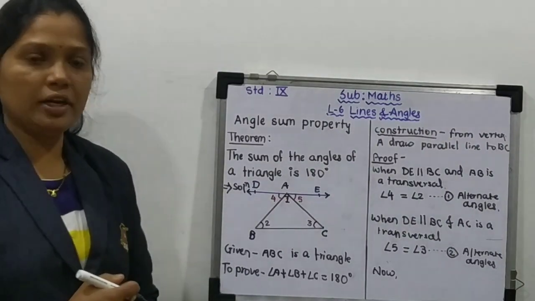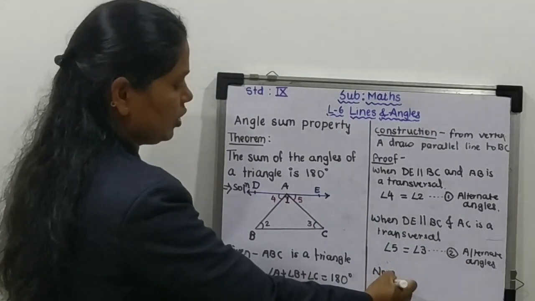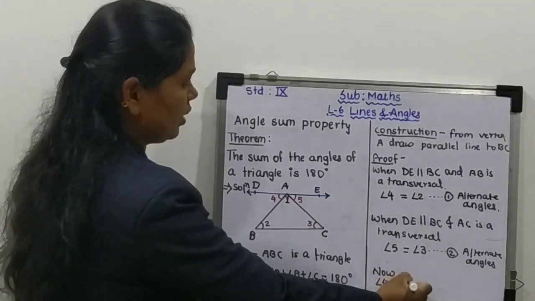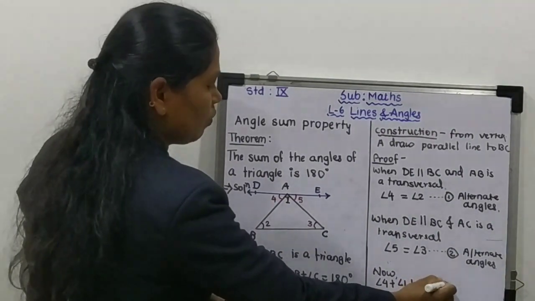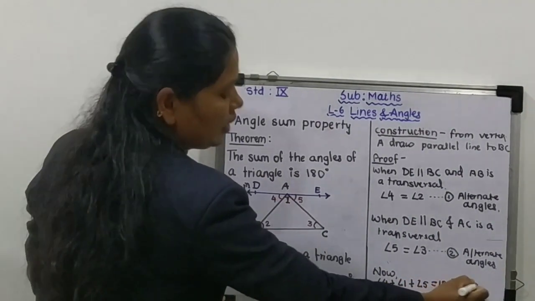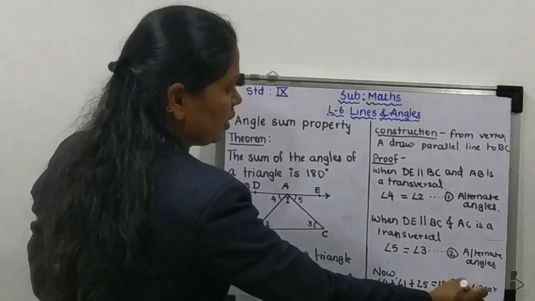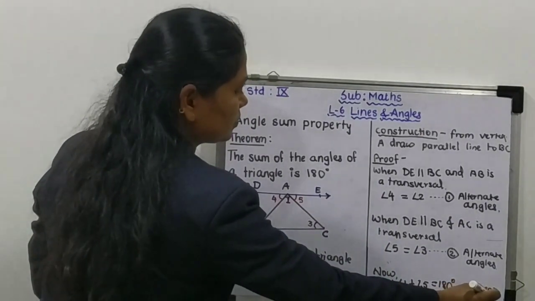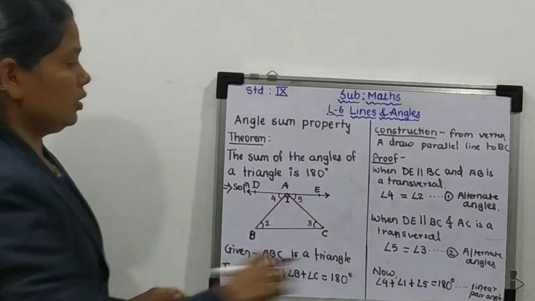Yes, 180 degree. So we will write here angle 4 plus angle 1 plus angle 5 equals to 180 degree by linear pair angles. Right?